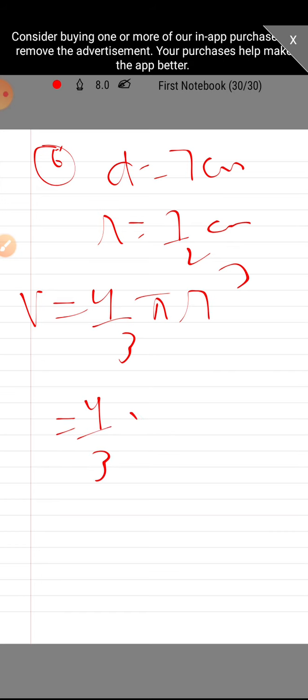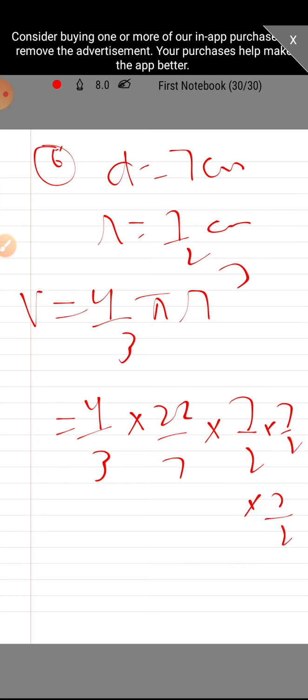So 4 by 3 pi 22 by 7, r, that is 7 by 2 into 7 by 2, and again 7 by 2 here. So 7 will get cancelled. This 2, this 4 will cancel, this 2 will cancel this 2.